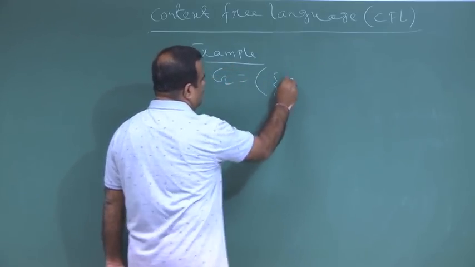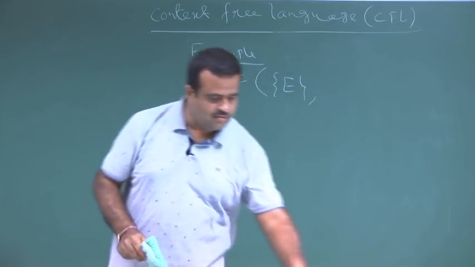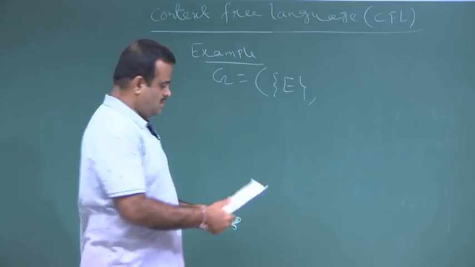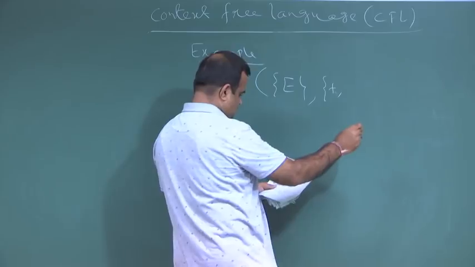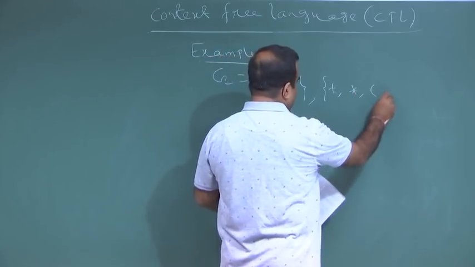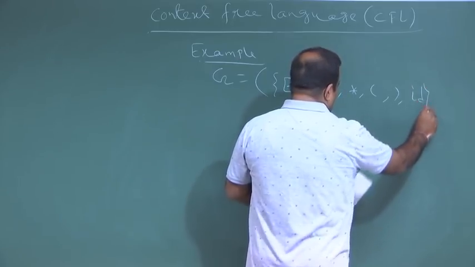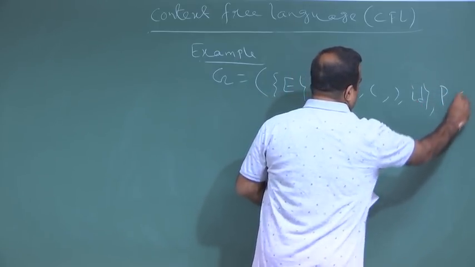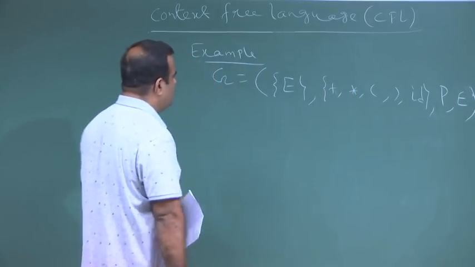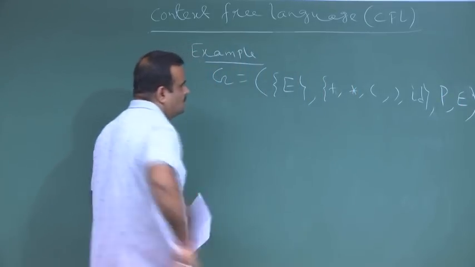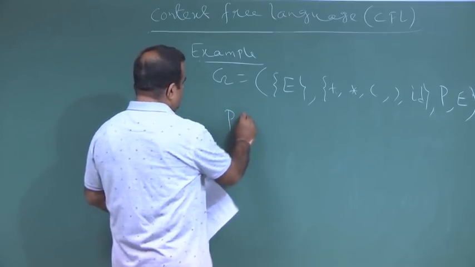We have only one variable and a few terminals: plus, star, bracket, ID. This we have seen in the last class. What is E? E is the only variable, so our S is also E. Now, what is P? P consists of this.